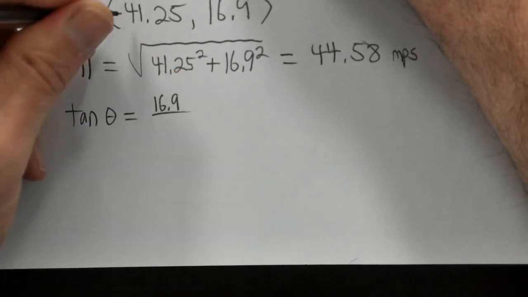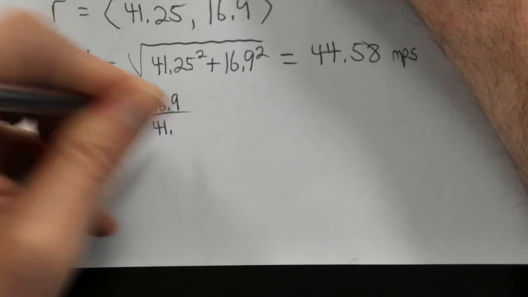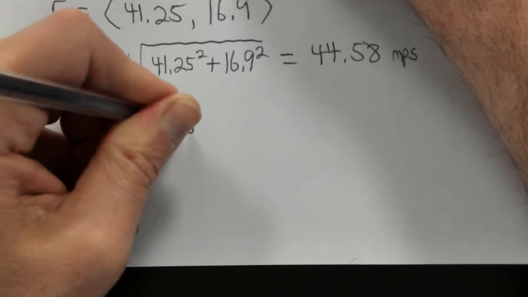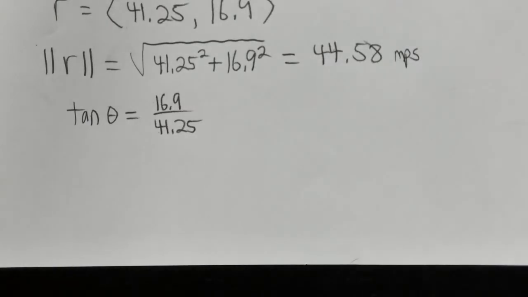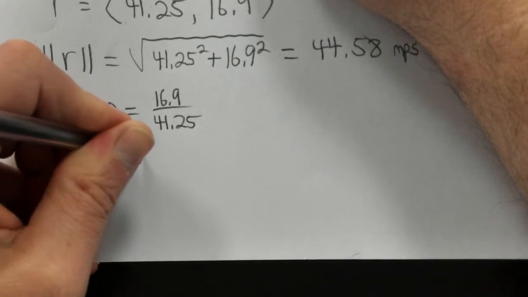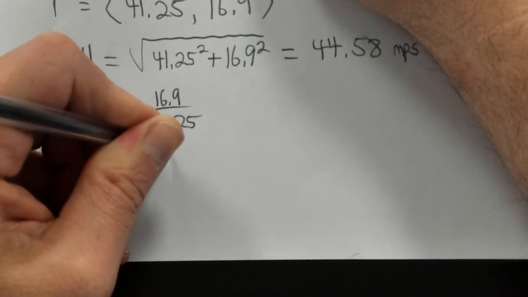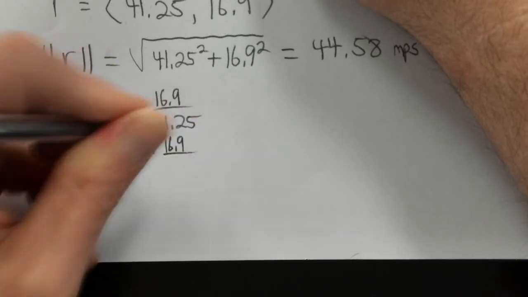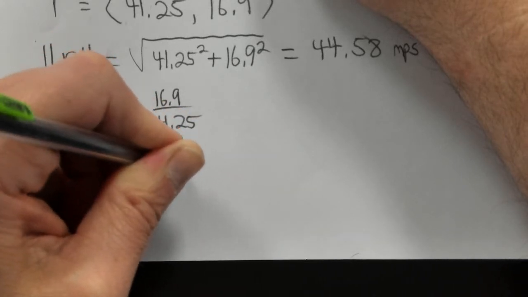And what is the A? 41.25. So now I've got an equation that I can solve for the angle. Do the inverse tangent to both sides, and we'll end up with the angle being the inverse tangent of 16.9 over 41.25. Okay?